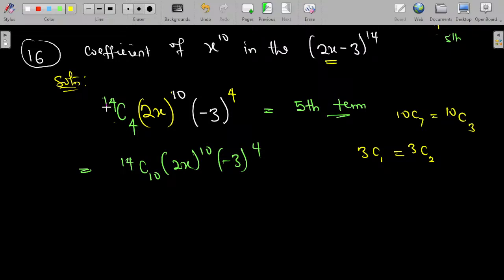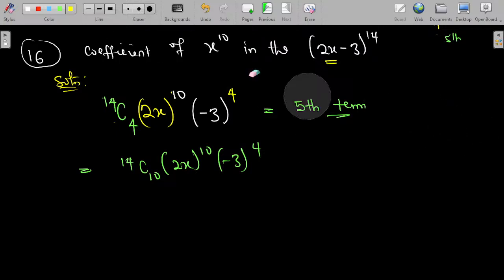So 14 combination 4 is the same thing as 14 combination 14 minus 4, which is 10. So I think that is why they wrote that there. It doesn't change your solution.